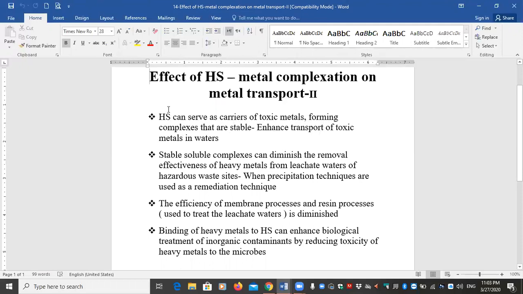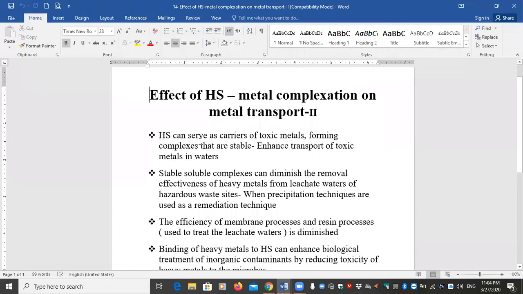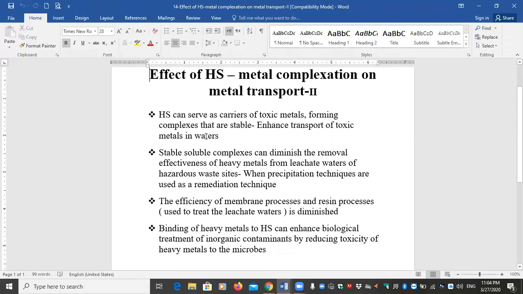If the humic substances serve as carriers, that means they form complexes that are soluble and can be leached, forming stable complexes, and they move down and enhance the transport of toxic metals into water, so they can reach the groundwater. That is something bad. In this particular case, these complexes are not something we want to happen. We shouldn't allow it to happen if we can.